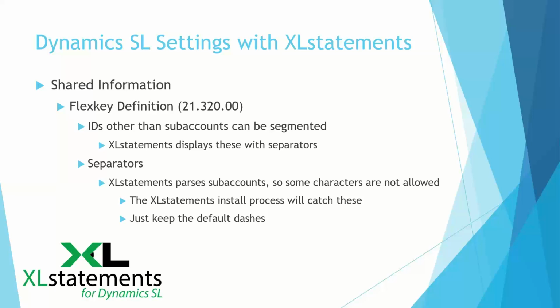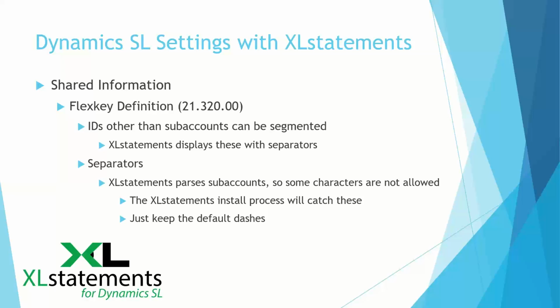The real reason is because we allow masks in XLstatements, and so it has to be able to figure out what's part of a mask and what's a segment. So you can't use a character that could be used for a mask as a subaccount segmenter. Like I said, just keep the default dashes.